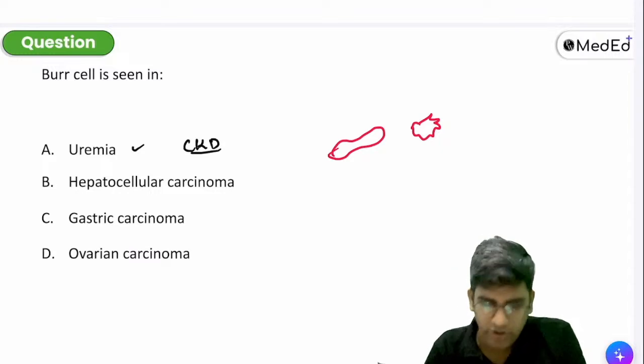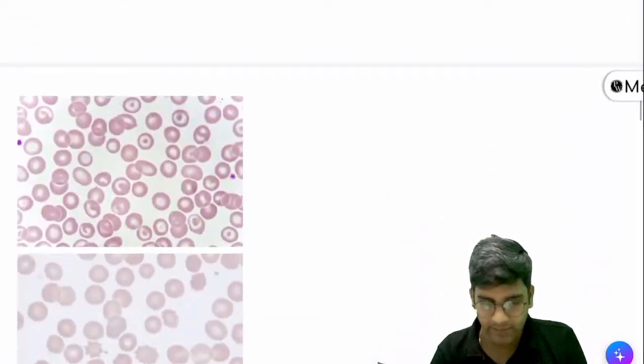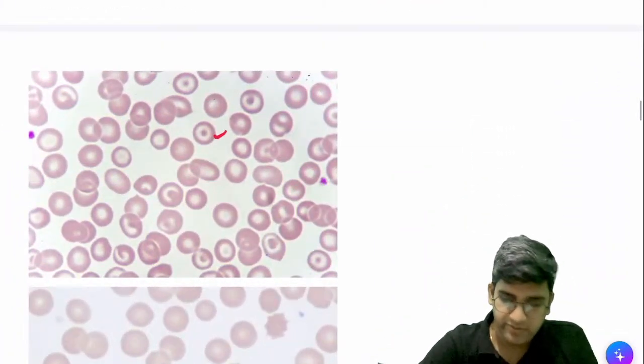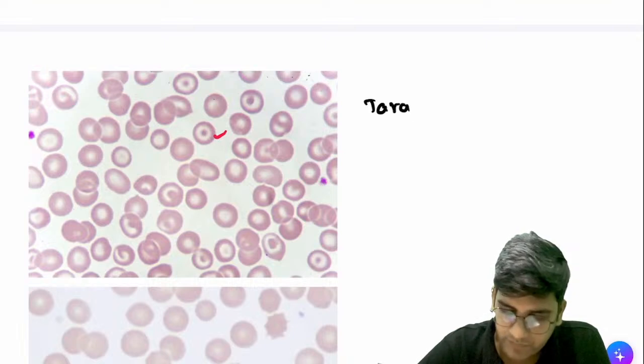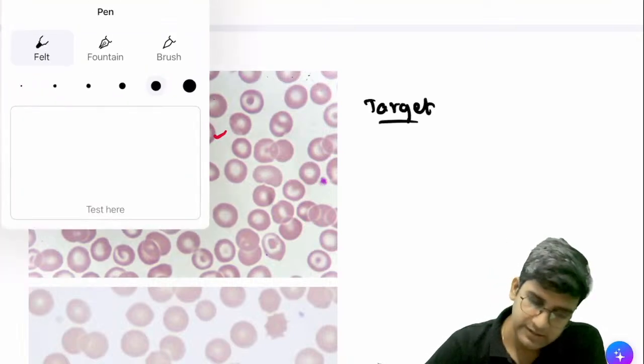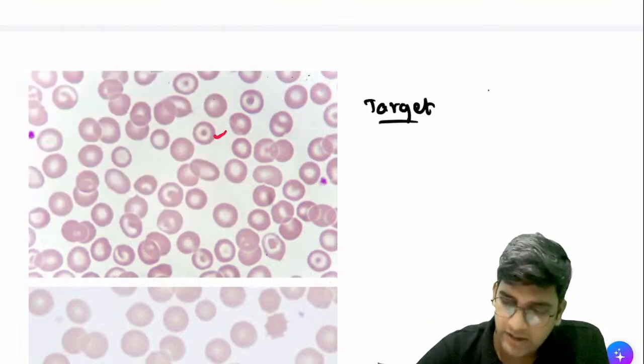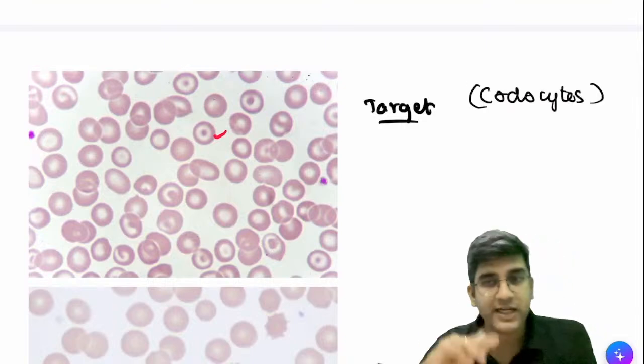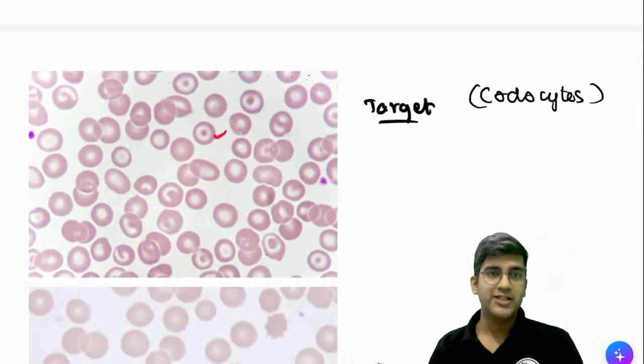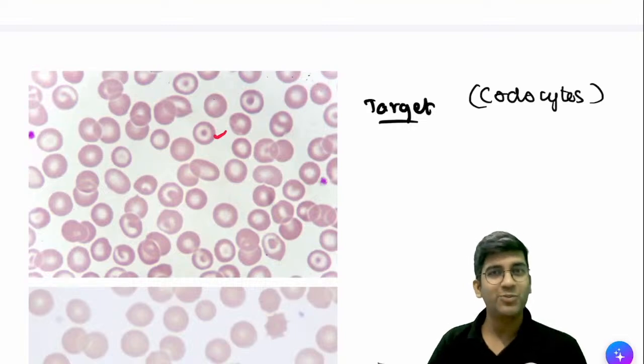Fine. Okay, let's look at a few images which might come in an exam. What cell is this? Quickly, that's a target cell, right? So these are a few cells. I'm sure you must have identified the target cell, but the other name for target cell is codocyte. See, because if you start reading more and more, I can't keep asking you simple questions, right?